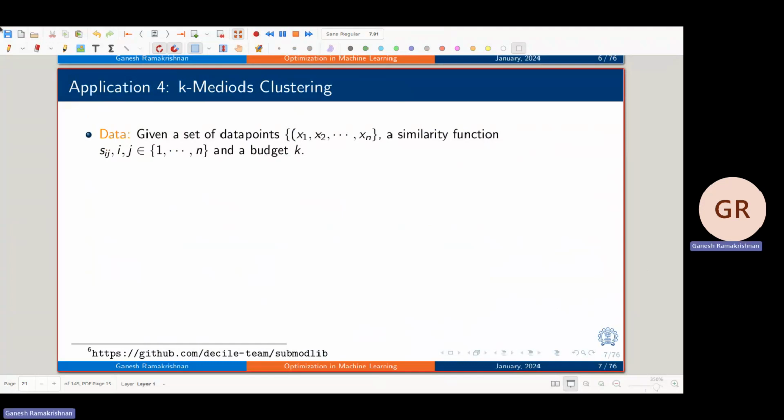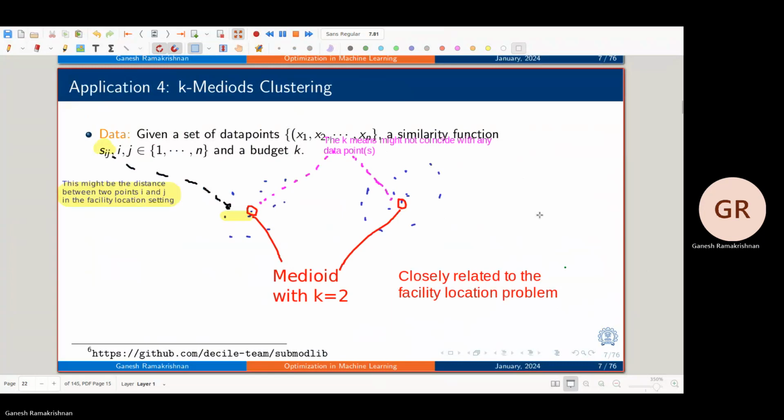The problem in k-medoids is slightly different. Given a set of data points and a similarity function, you're told how similar each point is to each other point. Can you assign points to the clusters such that the cluster centroids are actually practical, tangible points?